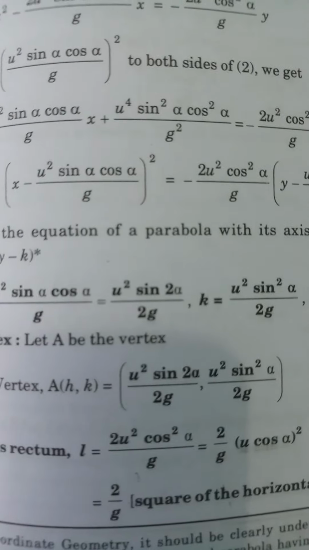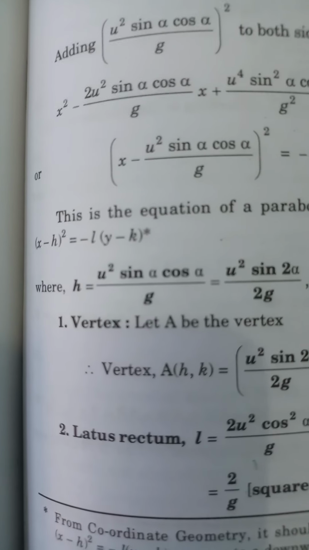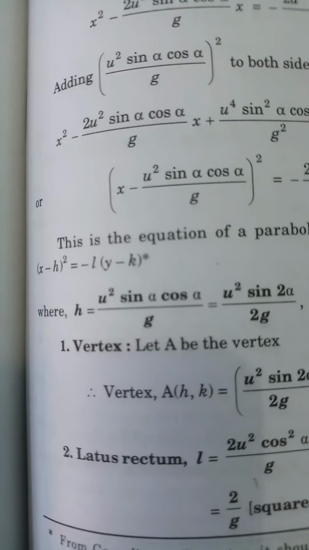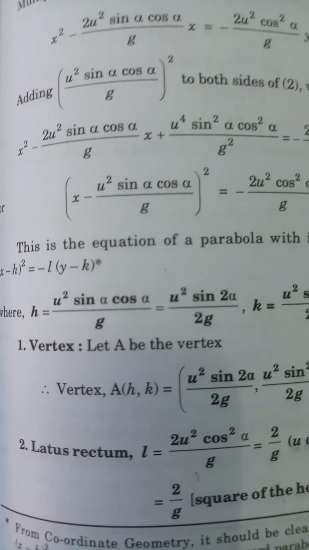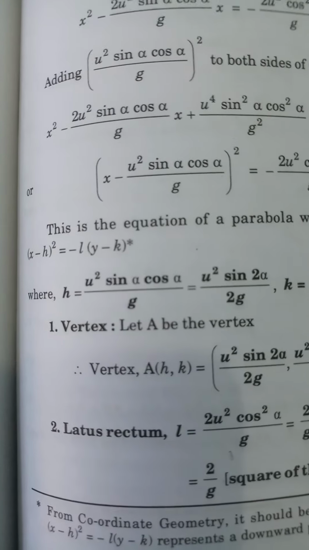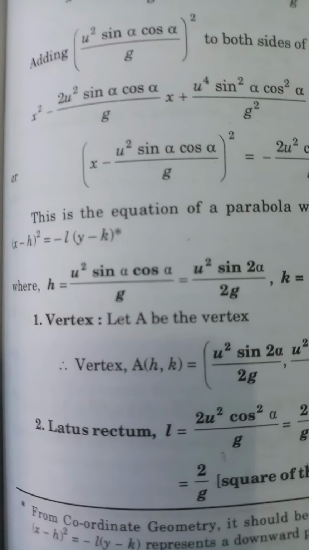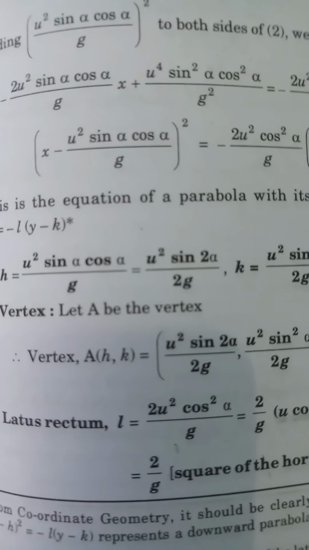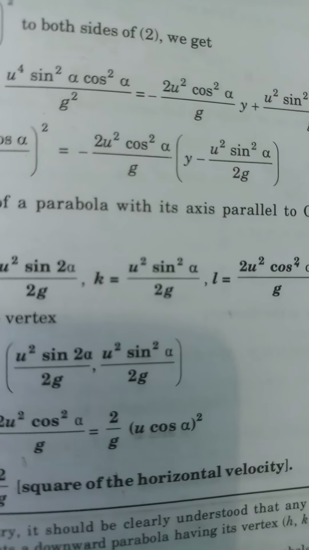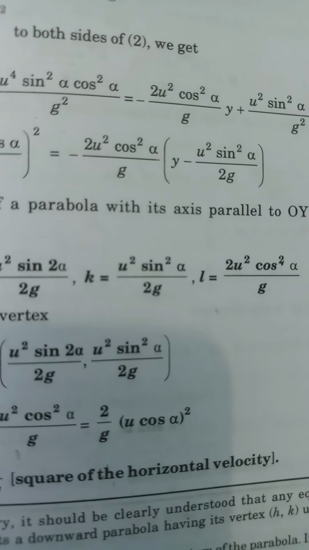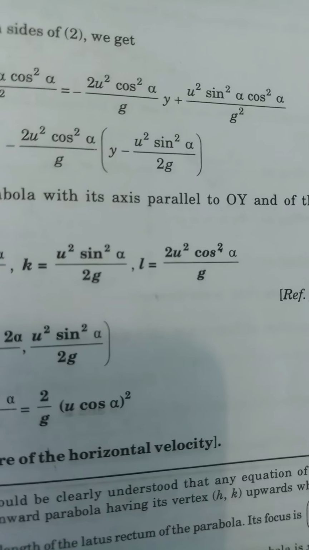This is the equation of a parabola with its axis parallel to OY and of the form x minus h whole square is equal to minus l into y minus k, where h is u square sin alpha cos alpha by g, which using trigonometry is u square sin 2 alpha by 2g, k equal to u square sin square alpha by 2g, and l equal to u square cos square alpha by g.